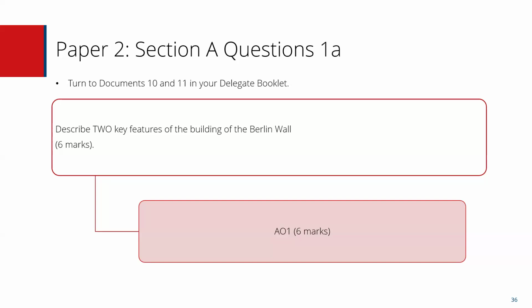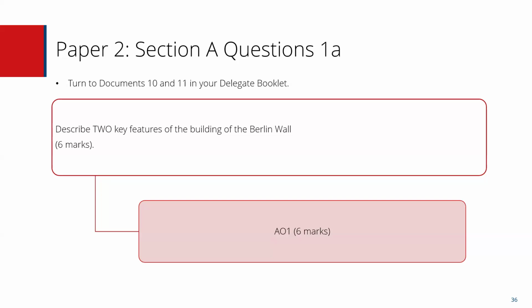To get into level 3, they're going to need the 2 features. I won't go too much into best fit with the 5 to 6 there, but basically, if they want to get more than 4 marks, they've got to have the 2 features.